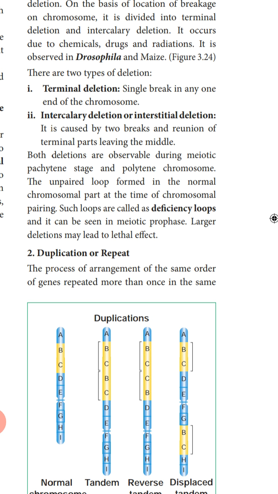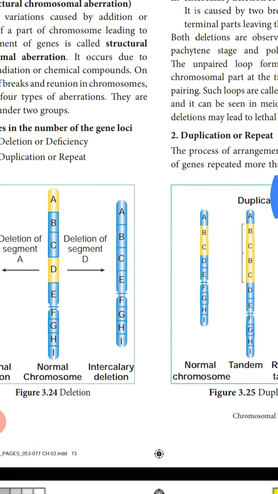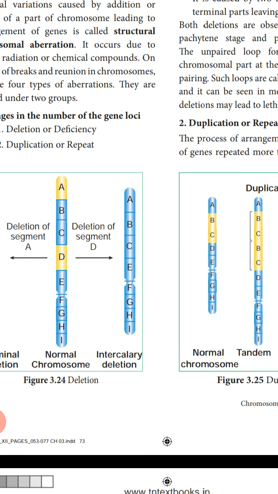So here you can understand this: suppose A, B, C, D, E, F is the sequence. Suppose what will happen in the chromosome: after A, B, the C and D segment form a loop. They are forming a curve. Okay, so that is away from the normal segment. That is, they form a loop. Then AB and CD are in the loop, and EF is the next segment. When it pairs, what will happen?